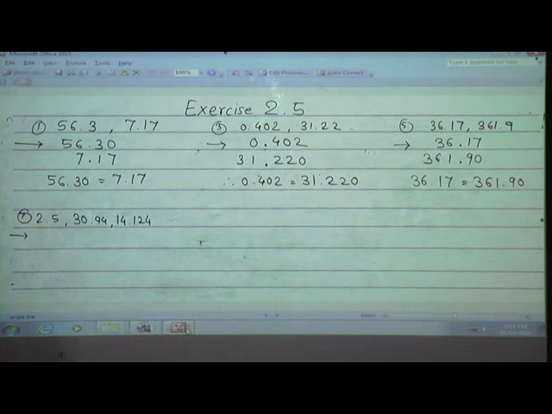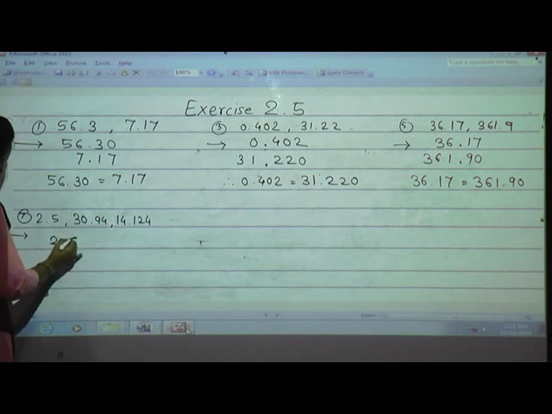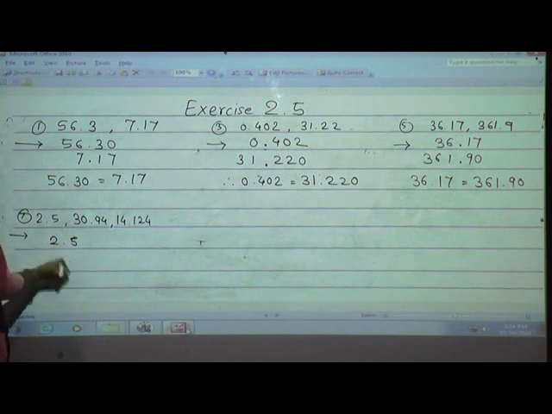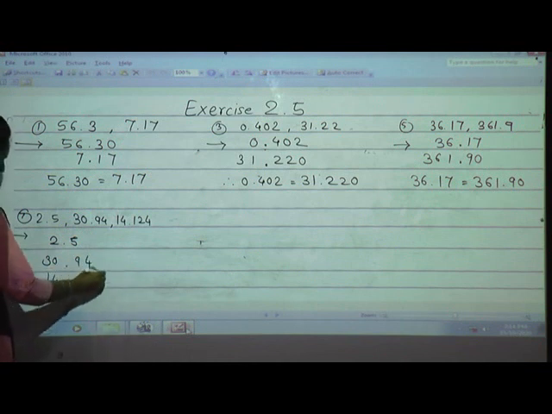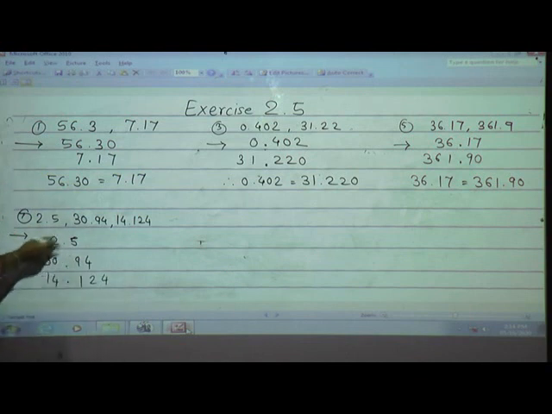You have to write all the numbers one below 2.5, isn't it? Now just give the decimal point exactly below, then before decimal 30, after decimal 94. Now the next again give the decimal point before decimal 14, after decimal 1, 2, 4. Now you have 1 decimal place, 2 decimal place, 3 decimal.